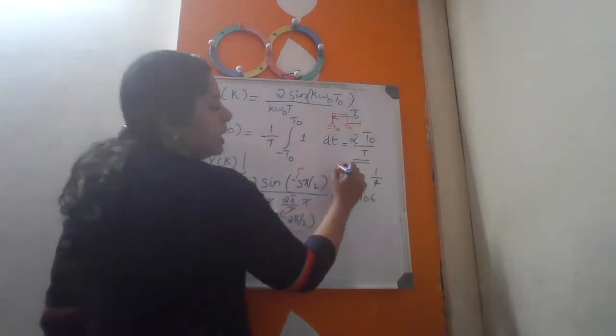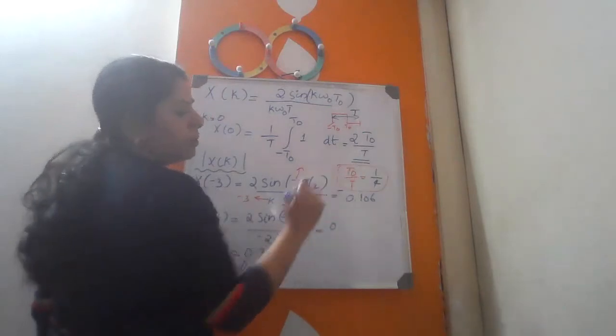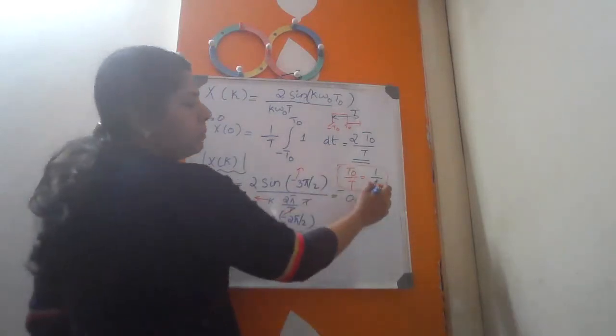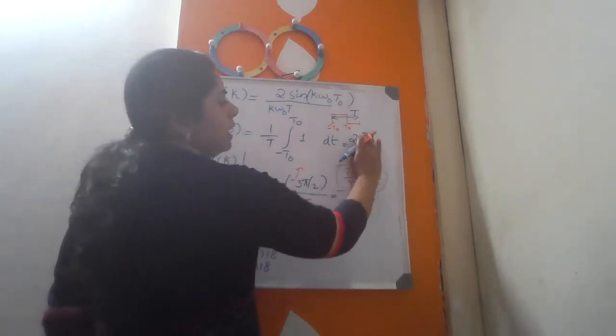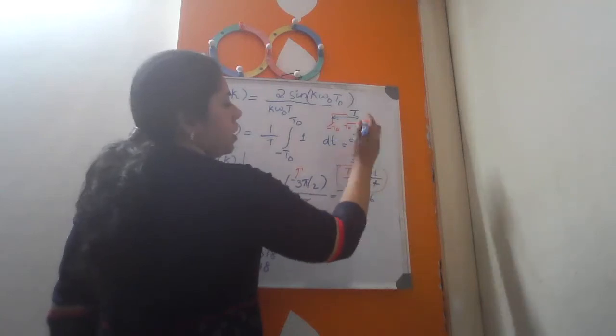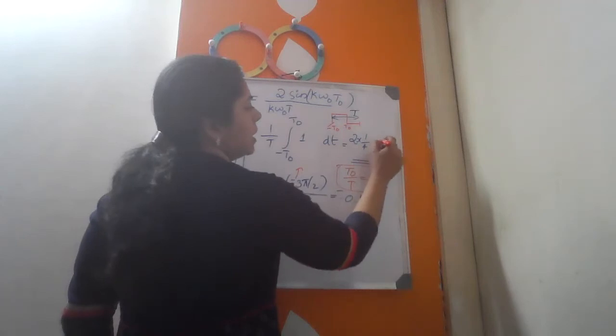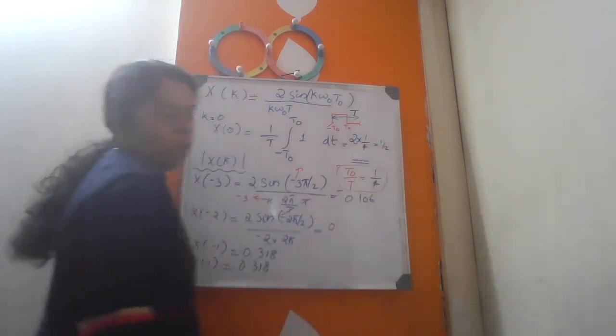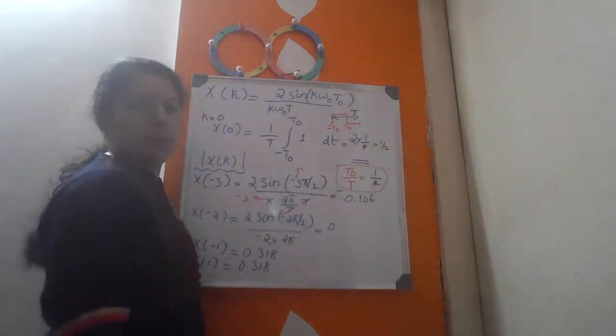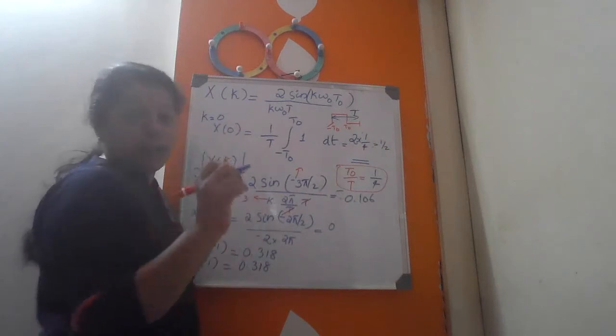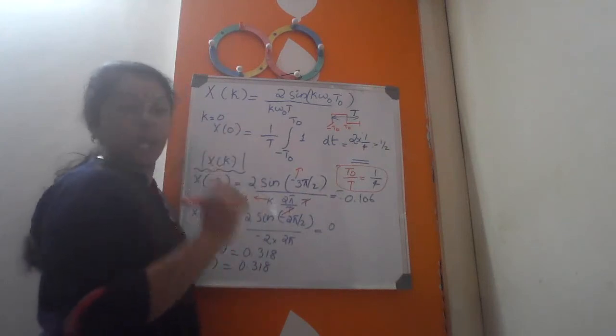Just now we calculated that t naught by t is 1/4. Then this thing will become 2 multiplied by 1/4, that is equal to 1/2. So this is the magnitude part of x of k at k equal to 0.